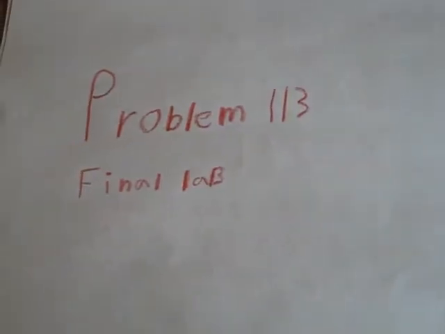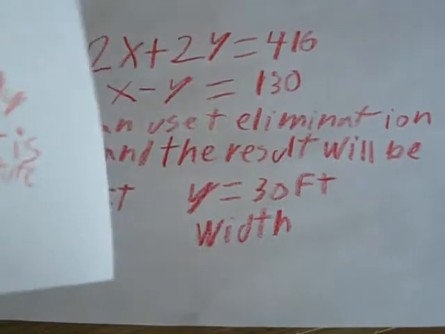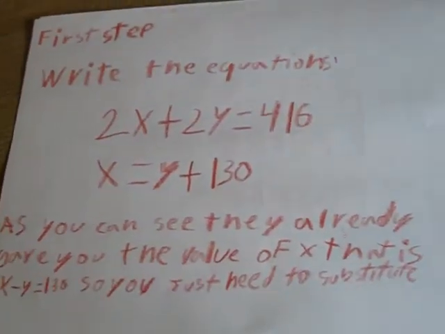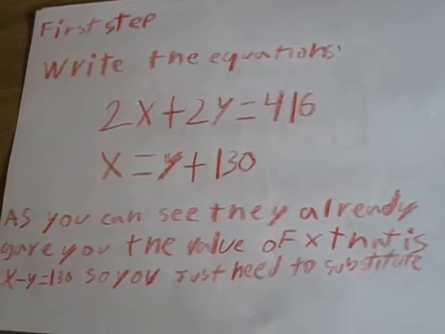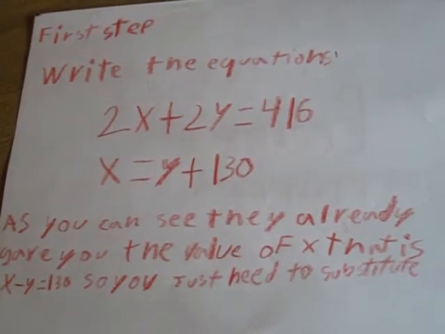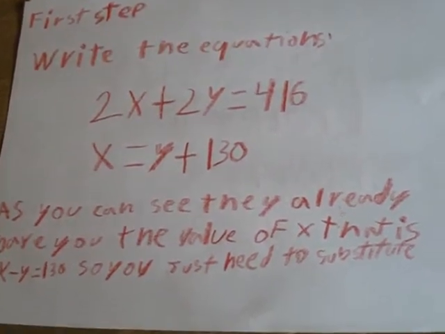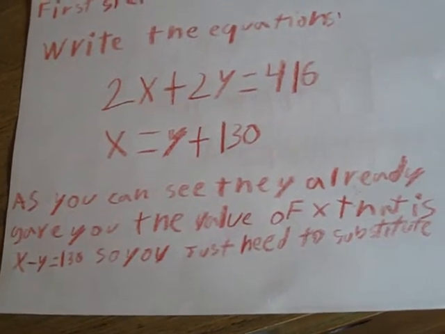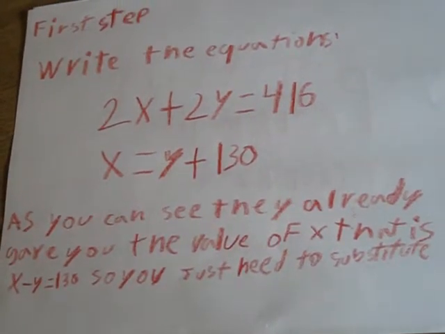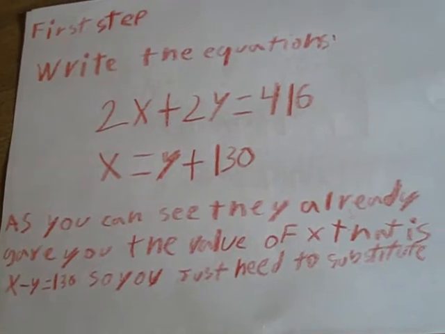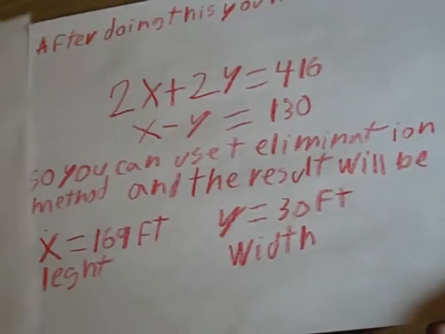Problem 113, Final Lab. The first step will be to write the equation with the given numbers. As you can see, they already gave you the value of x, that is, x minus y equals 113, so you just need to substitute.